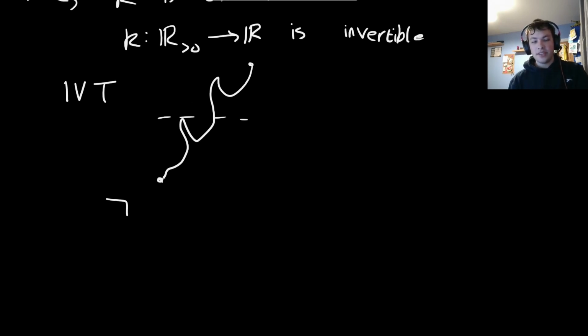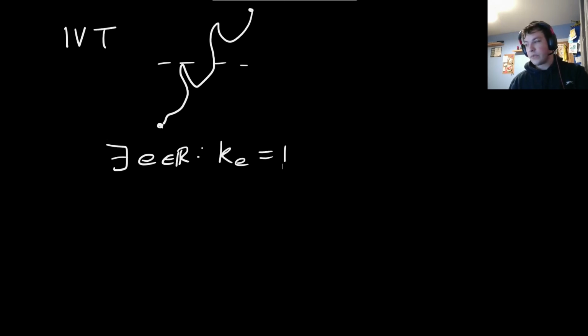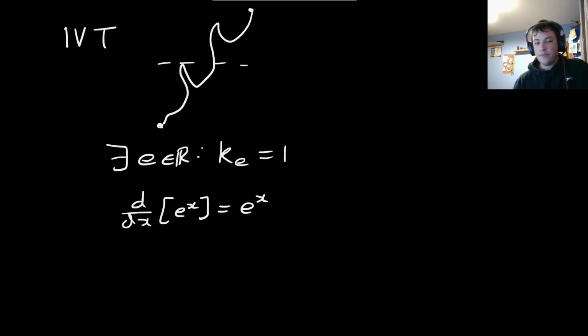And so in particular, there's going to exist some number e in the real numbers such that Ke is equal to 1. Okay? And this is e. So Ke equals 1, or the derivative of e to the x is e to the x.